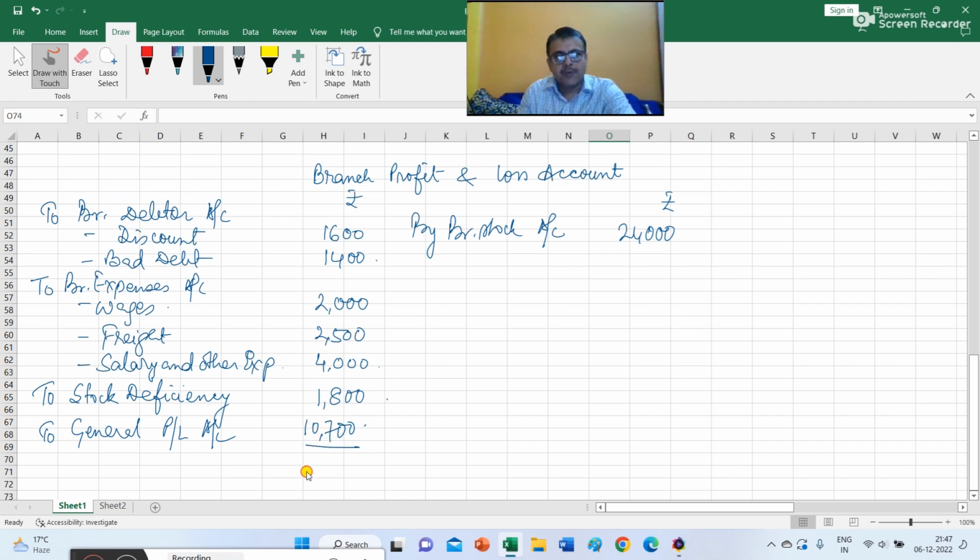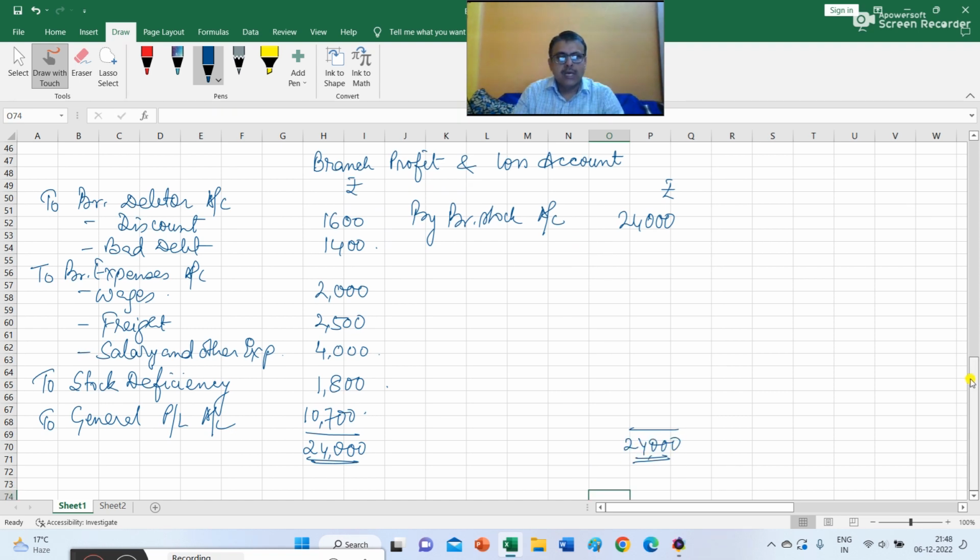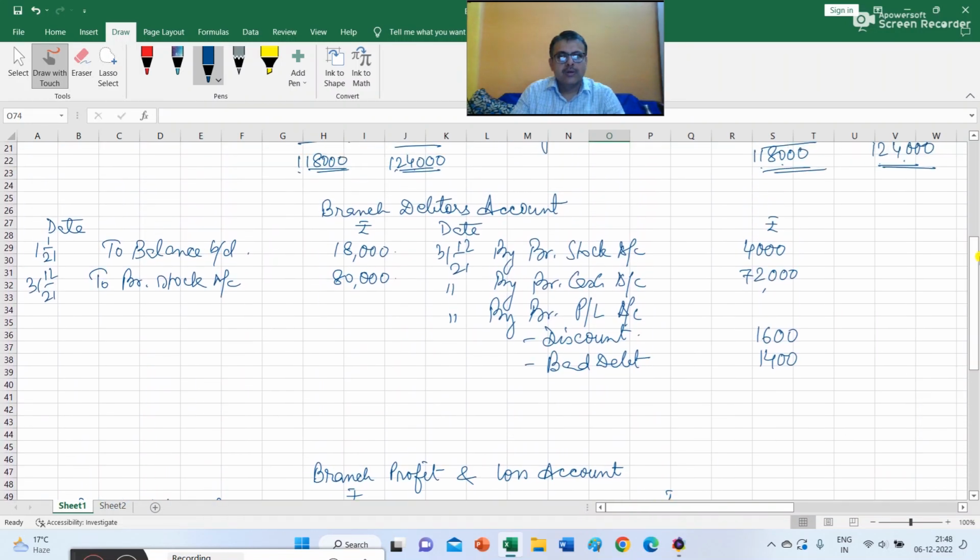So gross profit is 24,000 and the net profit is 10,700. Now I have to close the branch debtor account. So the total of the debit side is 98,000, and the closing or the balancing figure represents the closing debtor, and the closing debtor balance is rupees 19,000.